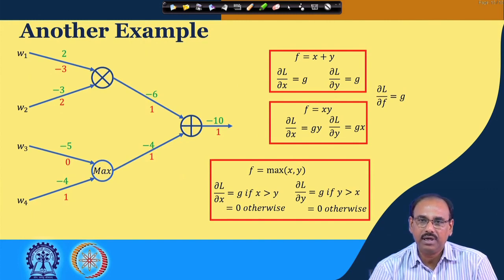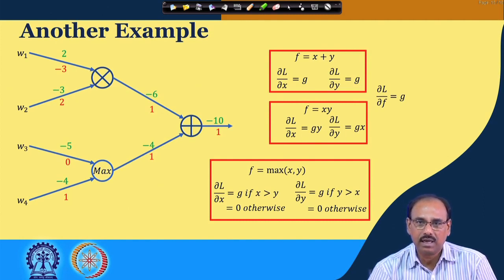The computation of gradient of one node in the current layer is independent of the gradient computation in the other node. So, as a result, this entire function can be implemented in a parallel machine. If I have a parallel machine, then all the gradient computations of the backpropagation learning can be implemented using parallel operations.